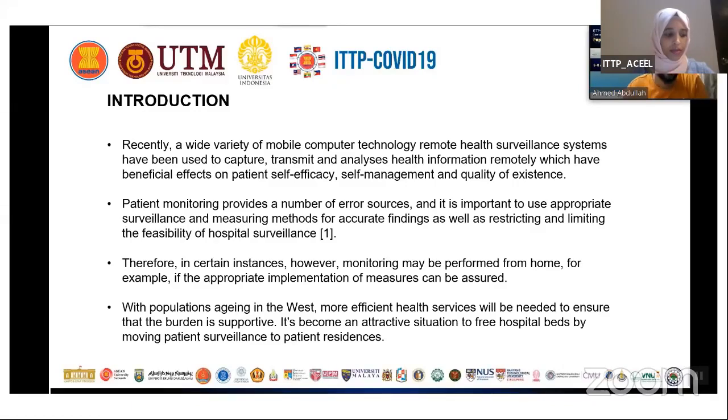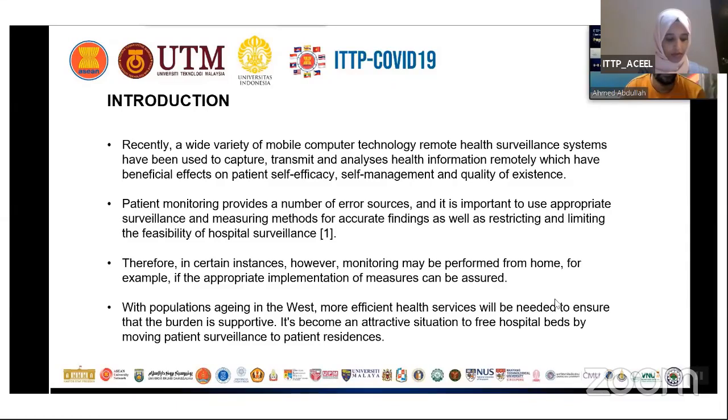existence. Then, patient monitoring provides a number of error sources, and it is important to use appropriate surveillance and measurement methods for accurate findings, as well as restricting and limiting the visibility of hospital surveillance.